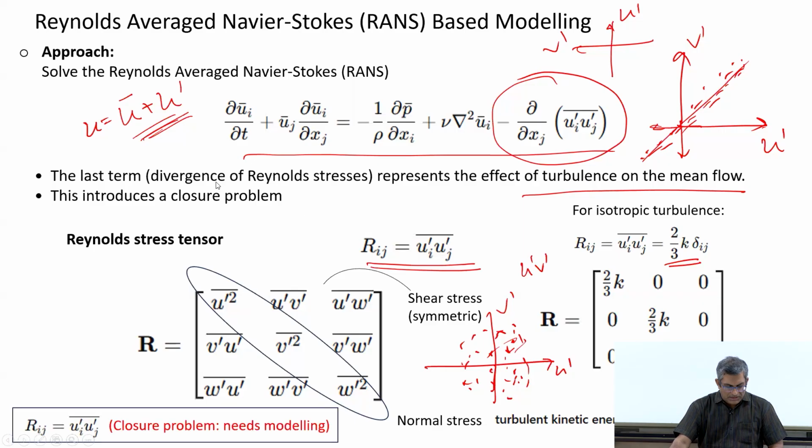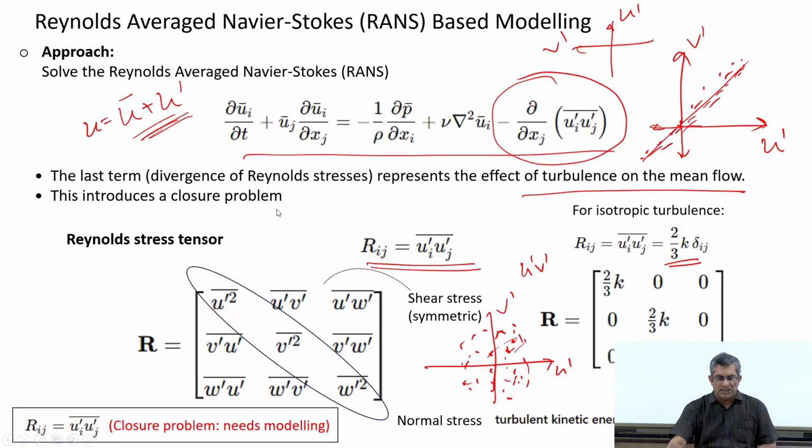But now the question is, how do we model this? And why should we model? If you see the unknowns in this equation, you are solving for 3 mean components: U mean, V mean, W mean. But in addition, you have these 6 turbulent stress terms, and we do not have any equations for them.